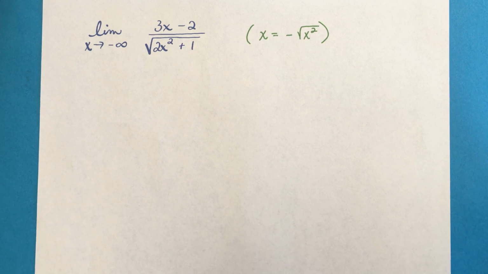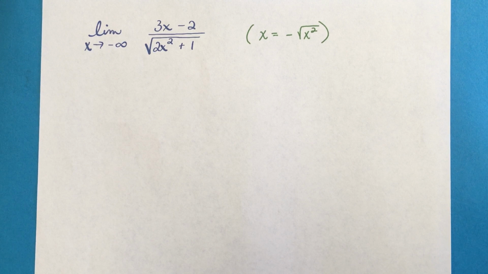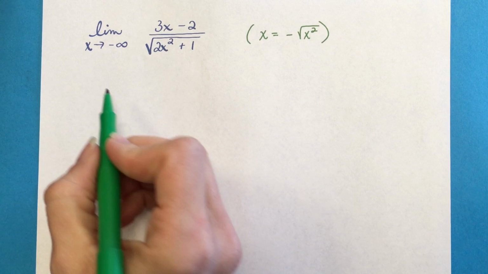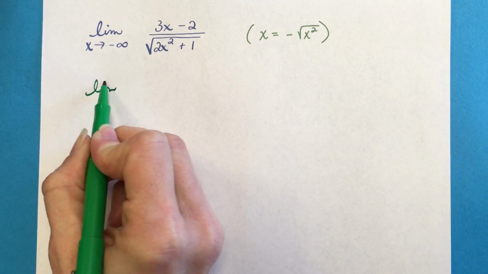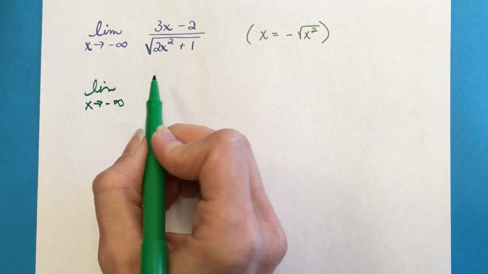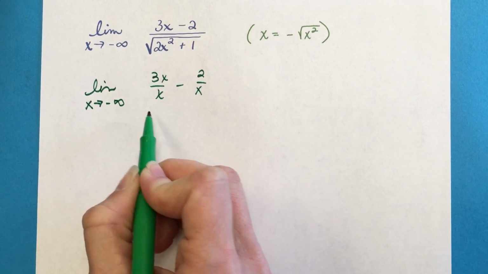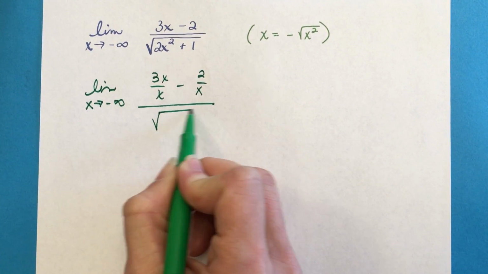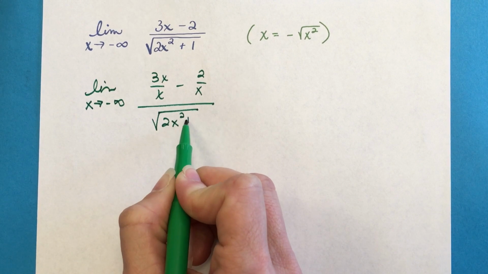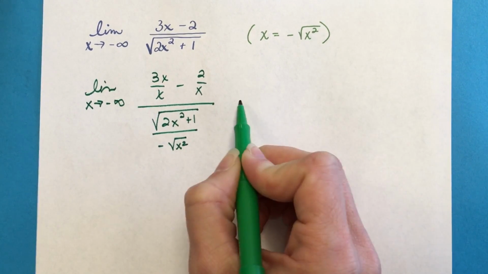So you have to deal with the fact that x is going to be equivalent to negative square root of x squared. Going through similar steps as a few minutes ago, I'm going to divide everything on the top by x, but on the bottom, I'm going to divide by negative square root x squared.